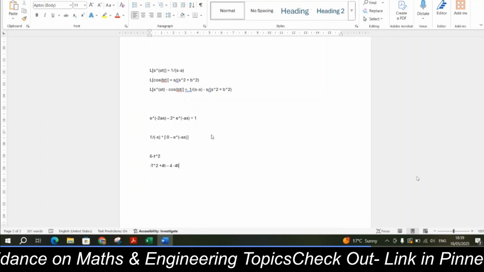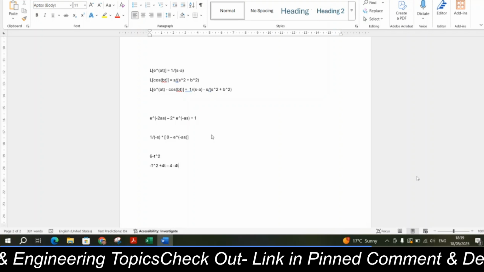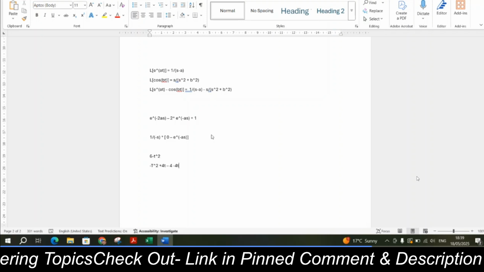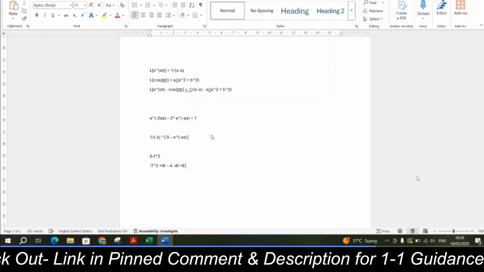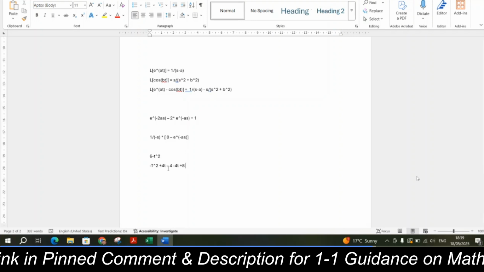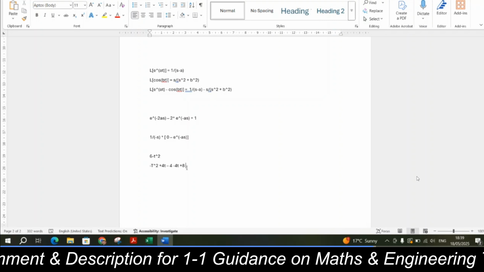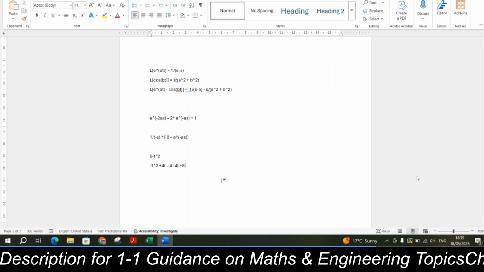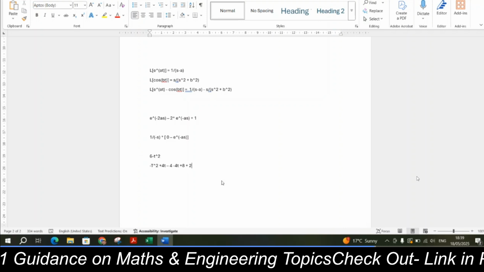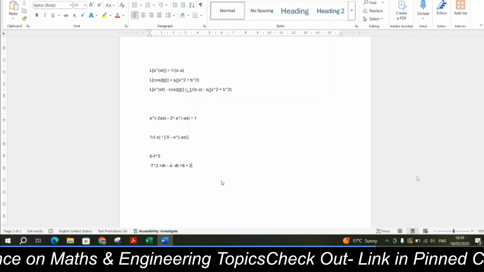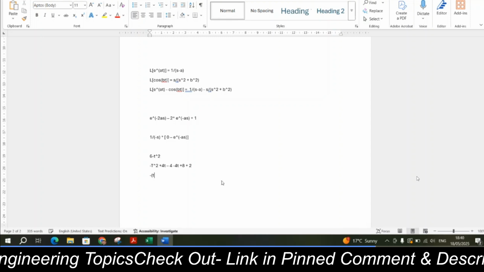Now, I do not have a 4t in my original expression. That means I have to subtract that 4t as well. But when I am subtracting 4t, I cannot have a t part, I need a t minus 2 part. So instead of just minus 4t, I'll write minus 4 into t minus 2, which becomes plus 8, which I want. Now I have minus 4 plus 8, which is only plus 4 total, whereas I need a plus 6.